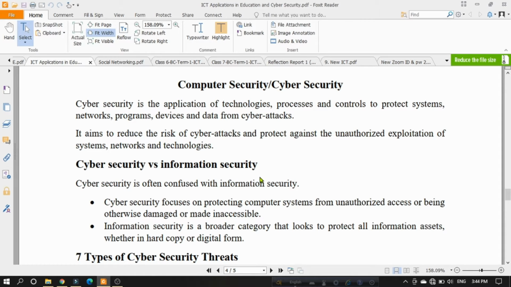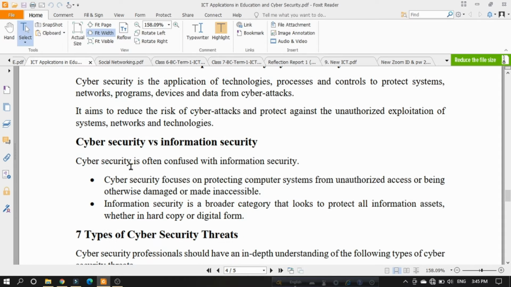There is a confusion between cybersecurity and information security. Let's discuss these points. Cybersecurity focuses on protecting computer systems from unauthorized access or being otherwise damaged or made inaccessible. Number 2, information security.